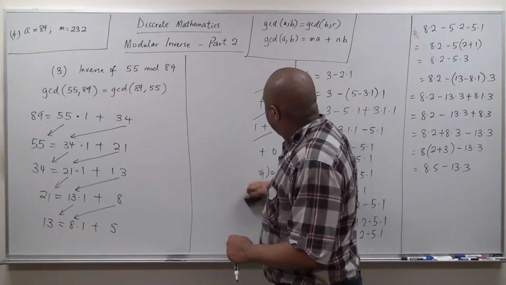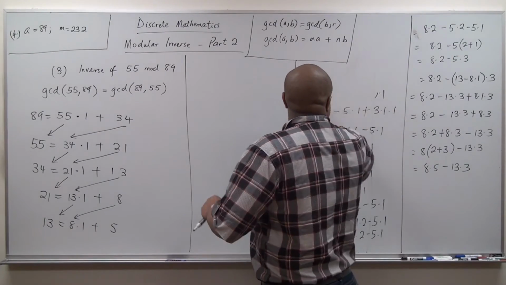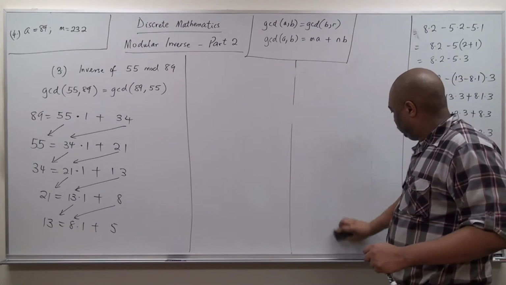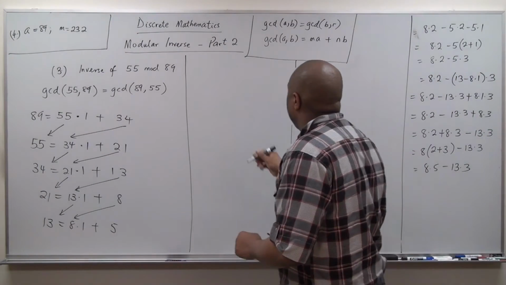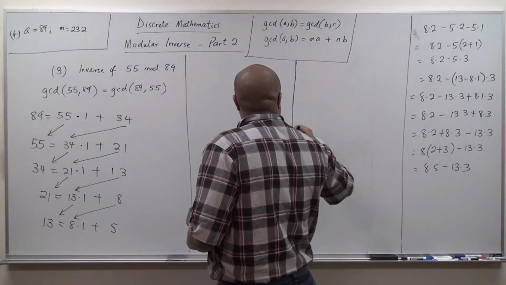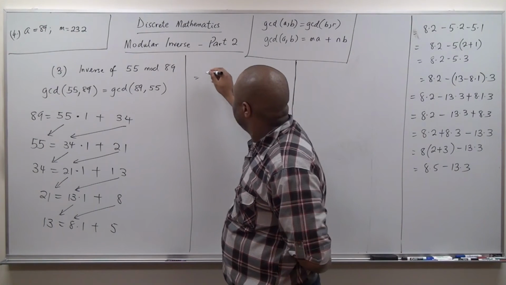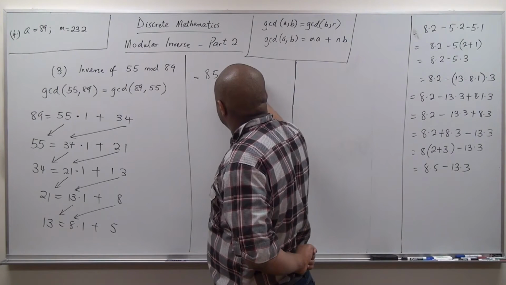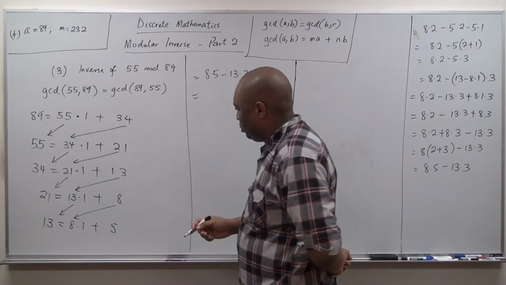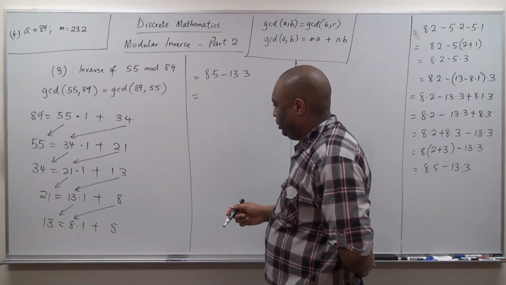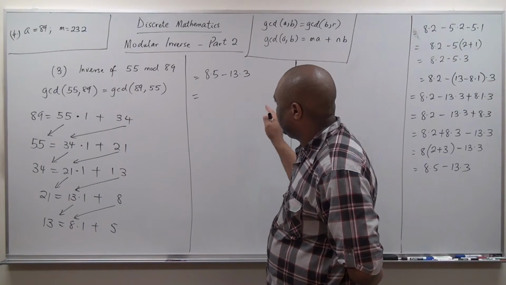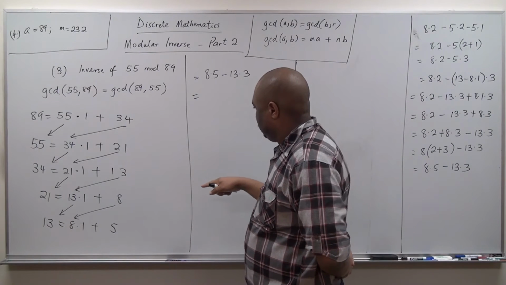So the next thing will be, we have 8 times 5 minus 13 times 3, and that will be equal to, now we solve for 5 because we've got 8 and 13, right?